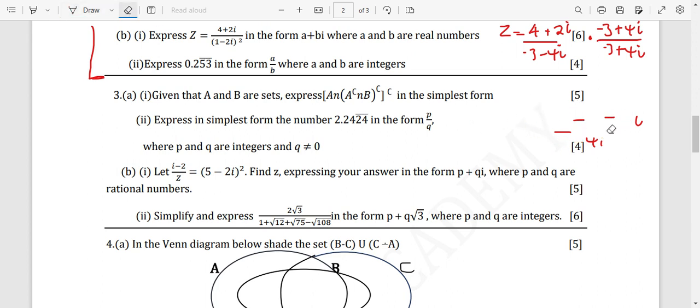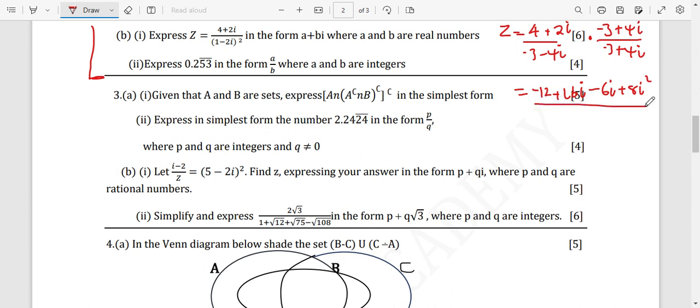When you are multiplying by the conjugate, you just change the sign of the imaginary part. So 4 by negative 3 is negative 12. 4 by 4i, that would be positive 16i. 2i by negative 3, that is negative 6i. And then 2i by 4i, that is going to be positive 8i squared.